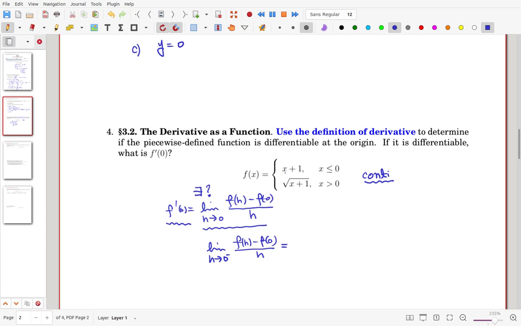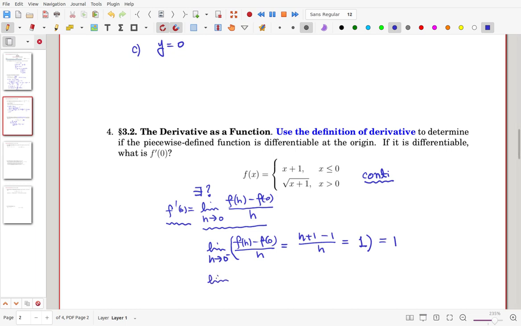So when h is smaller than 0, the first one, h plus 1, the top one will be used, and f at 0 is 1, divided by h. So that quantity is always the same as 1, so the limit will be 1.